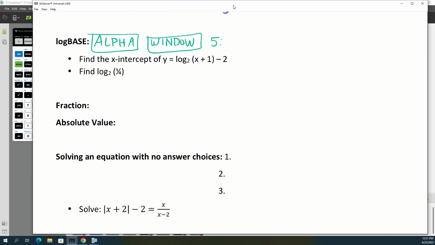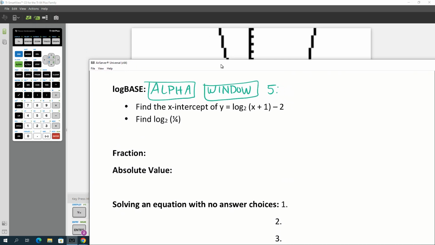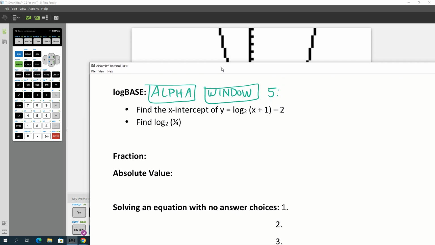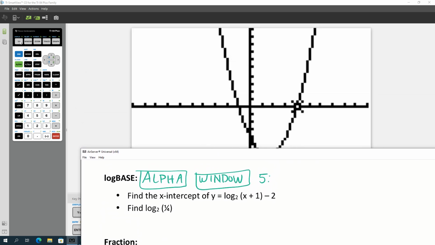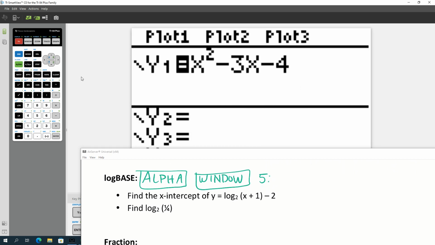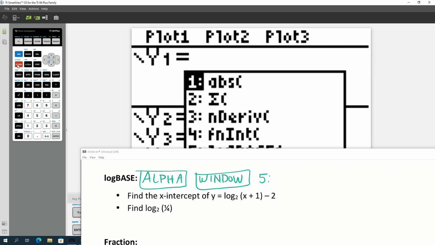All right, so there's 2 little examples we're going to do. Math alpha math was the other way. I never remember that one. So on this first bullet, we're going to find the x-intercept of that one. So we're going to go to y equals and either do alpha window 5 or math alpha math.